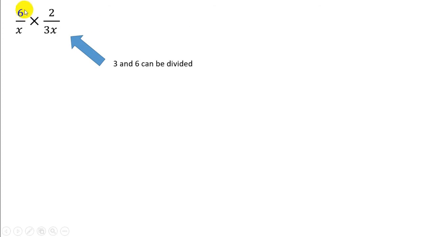Here the numerator value is 6, the denominator value is 3, so I can divide by 3. 3 divided by 3 is 1 and 6 divided by 3 is 2. So I ended up with 2 over 1 multiplied by 2 over x, which means 4 over x square. This is a basic level question.